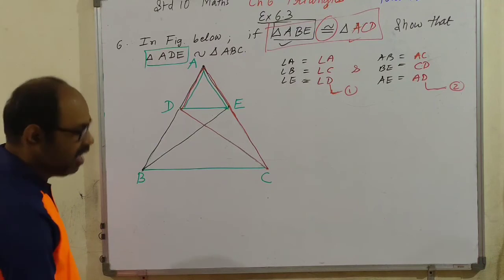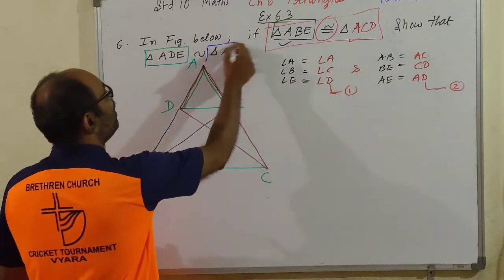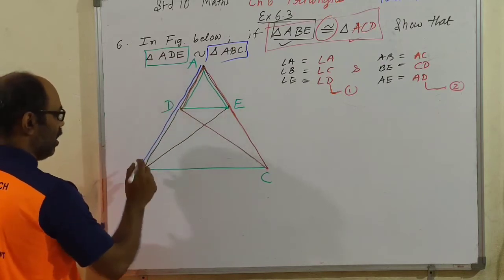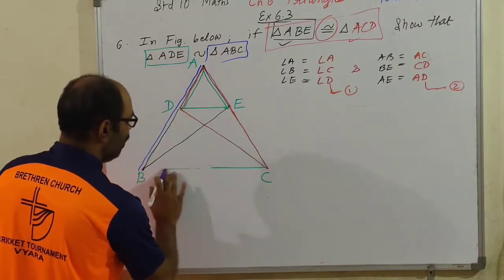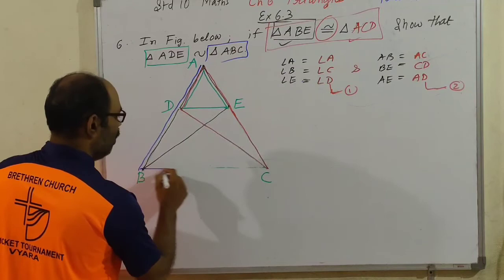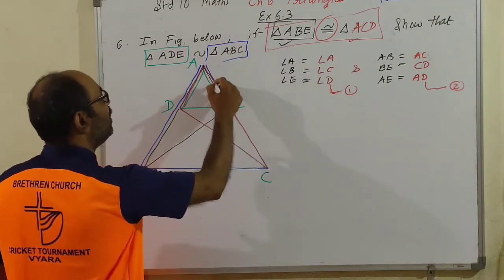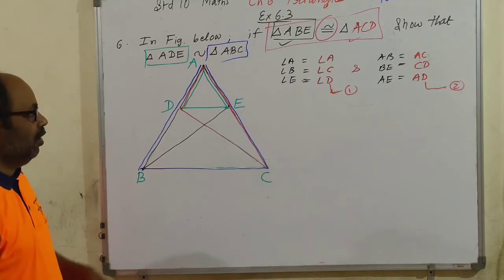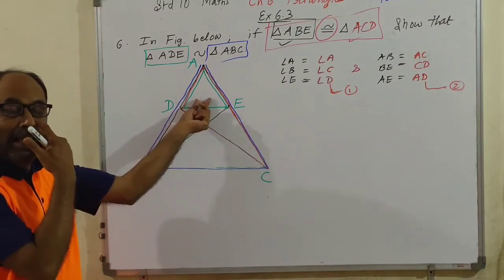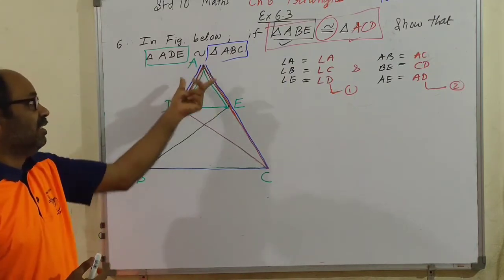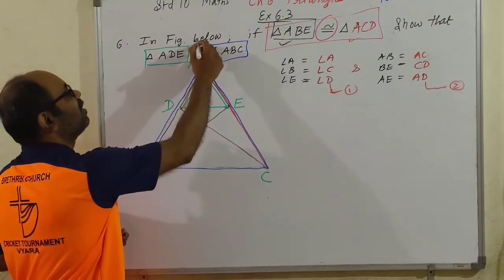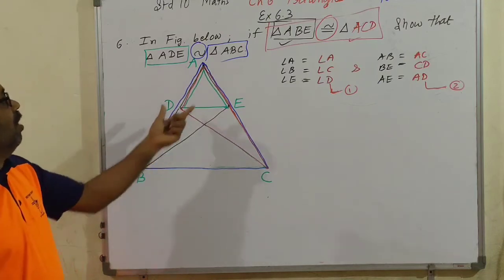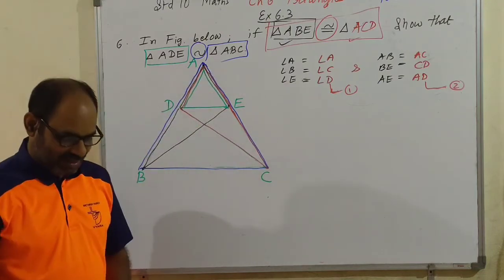And triangle ABC, that is also different, make it blue. Okay. So green triangle ADE is similar, we have to prove similar, is similar to blue triangle ABC.